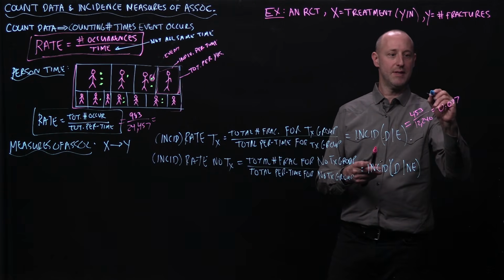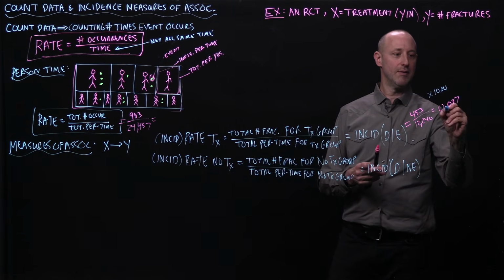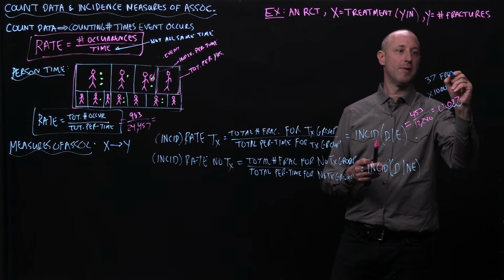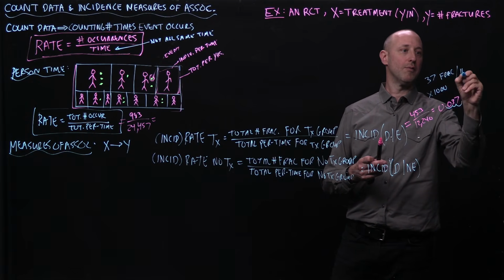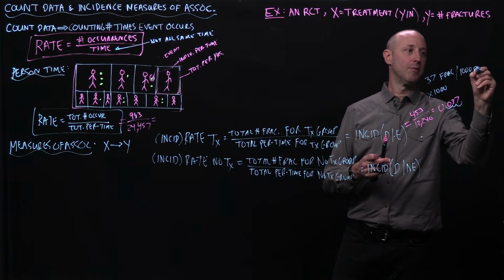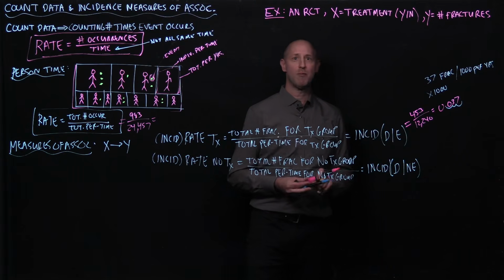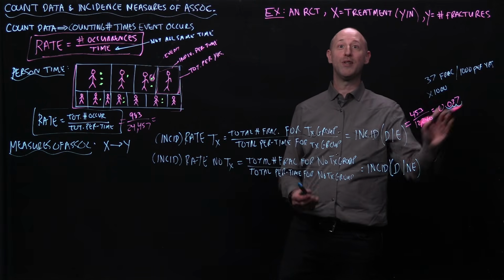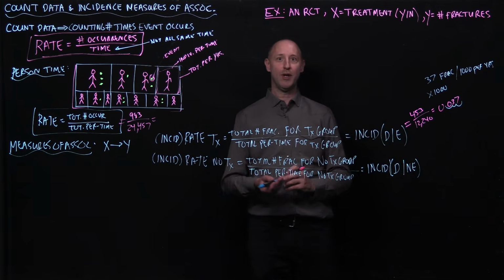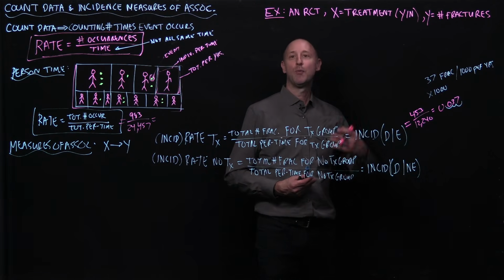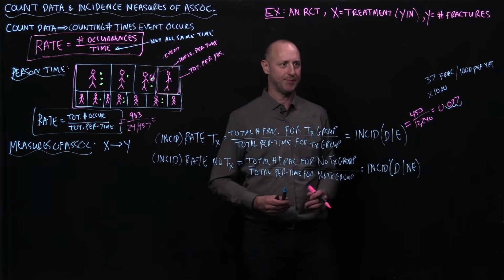So if we were to take this times 1,000, 37 fractures per 1,000 person years. Okay, so just a note, we can scale those up, and rather than saying there's 0.037 fractures per person per year, we can scale that up and say that we'd have 37 fractures per 1,000 person years.